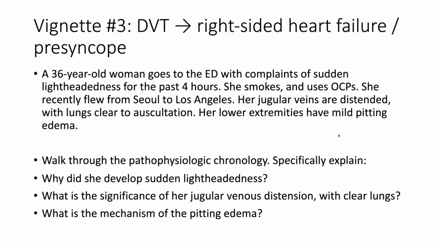Those DVTs will go to the pulmonary artery as a pulmonary embolism that will decrease the preload, causing a decrease in the stroke volume, causing a decrease in the cardiac output, causing a decrease in MAP, and causing decreased cerebral perfusion.